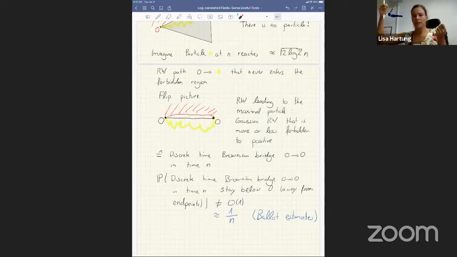It would fluctuate like square root of n, and I wouldn't have to pay anything. But actually here I have to pay something, because the good path is one that stays below 0.